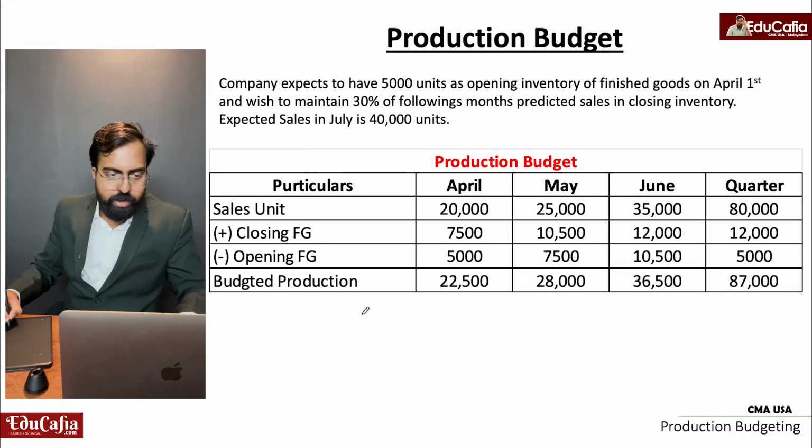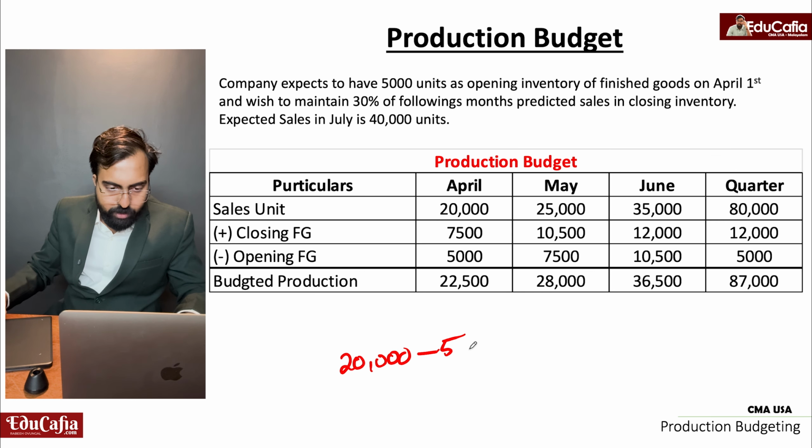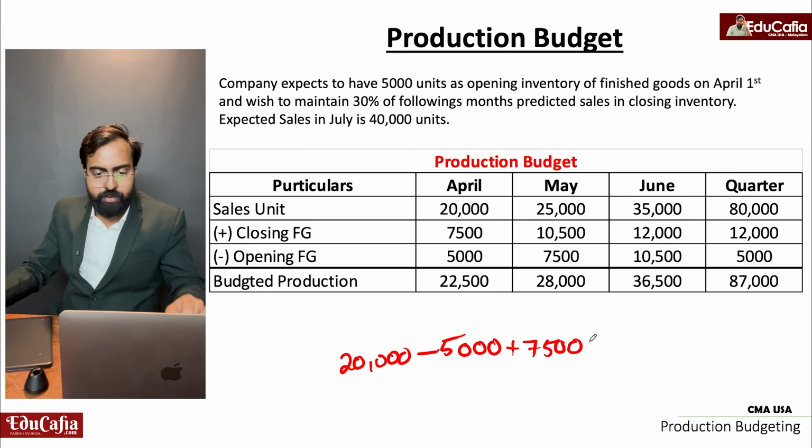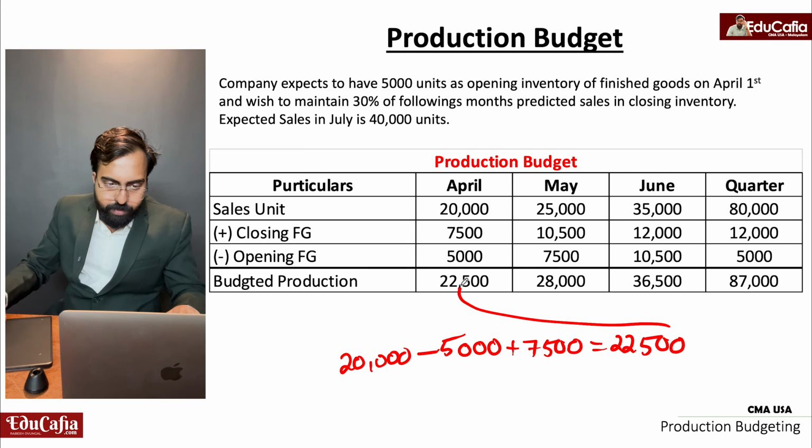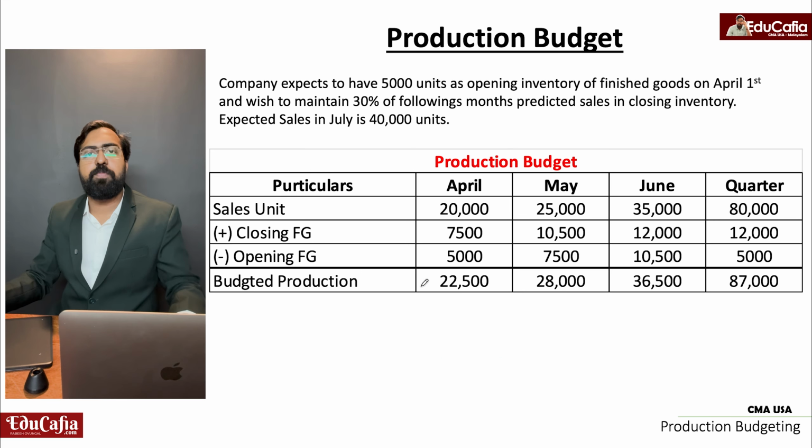So 20,000 I have to sell in April. In this I already have 5,000, so no need to produce that. The 7,500 I need to produce in April itself. So total 22,500 I need to produce. So budgeted production is equal to 22,500.